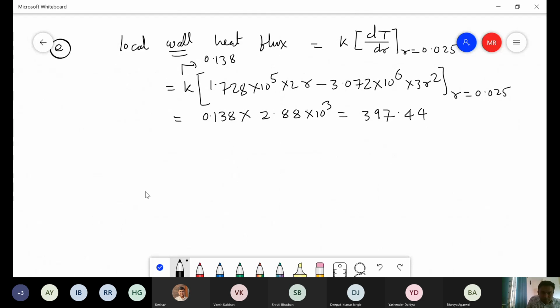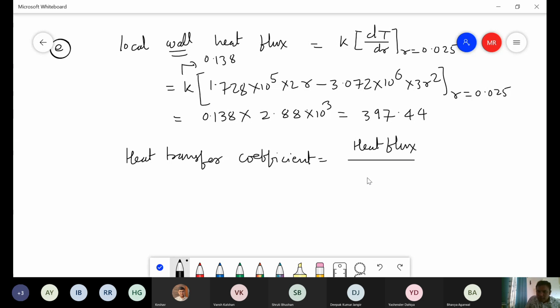So heat transfer coefficient is given as, heat transfer coefficient in this case will be what? Heat flux by driving force.